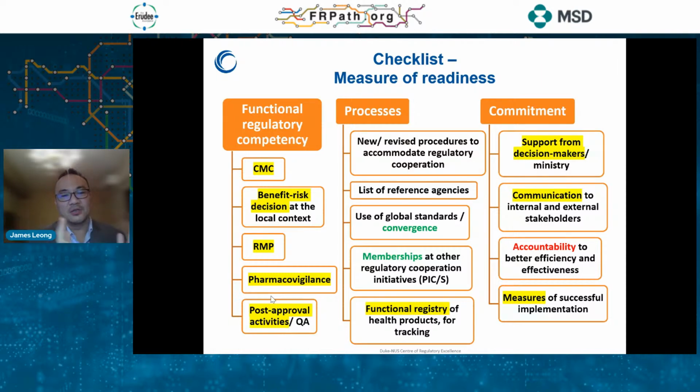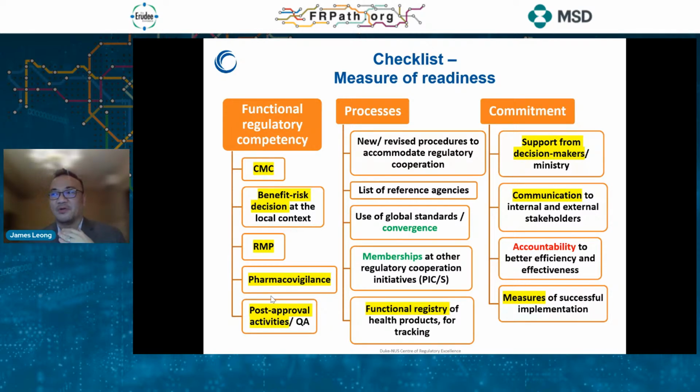These are the known capabilities required. I would say this is the baseline assumption that everybody must be capable of before you take on regulatory cooperation. This links back to the fact that regulatory reliance and cooperation allows you to shift resources to meet the very critical local regulatory roles, which are those on the left.